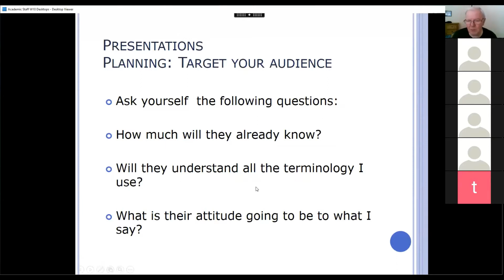I'll give you an example from a couple of years ago. So I was teaching social care students, and one of them was doing a presentation on viruses of all things. Little did they know what was going to happen now. Anyway, they were talking about different transmitted viruses, and they were looking at respiratory viruses.